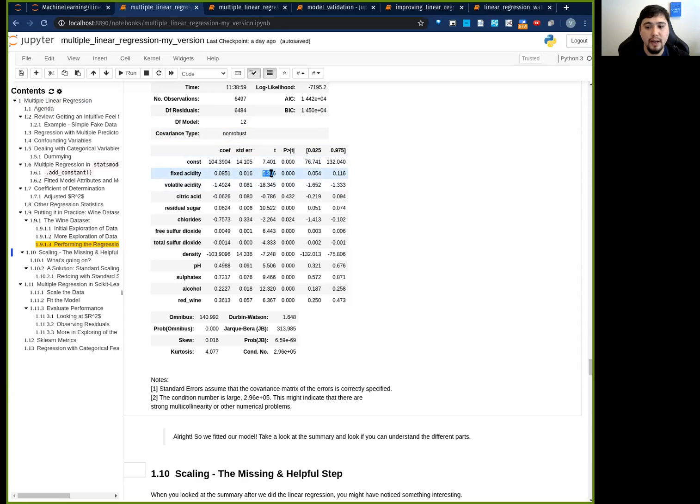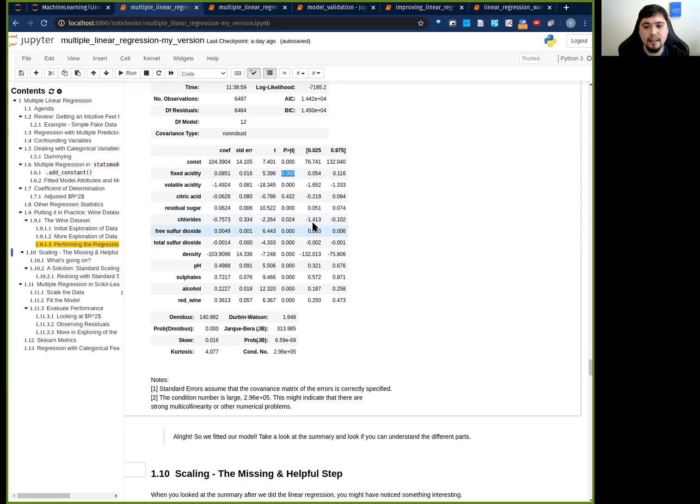What this is basically trying to tell us is, hey, this is what we found as the coefficient, the value, I should say, like how much we should scale up this feature to make a prediction. This t statistic and then really this p value is telling us, is it significant? Sure, we can put a number in there, but is it actually significant?